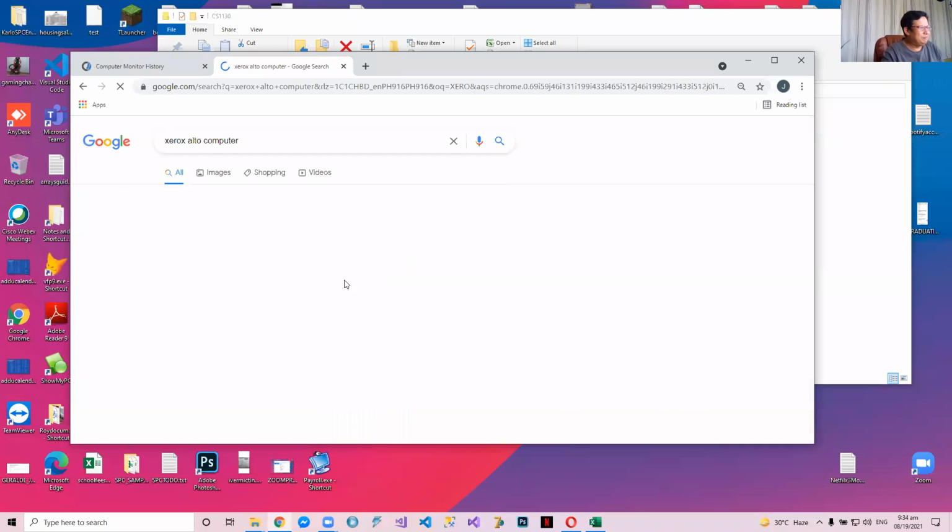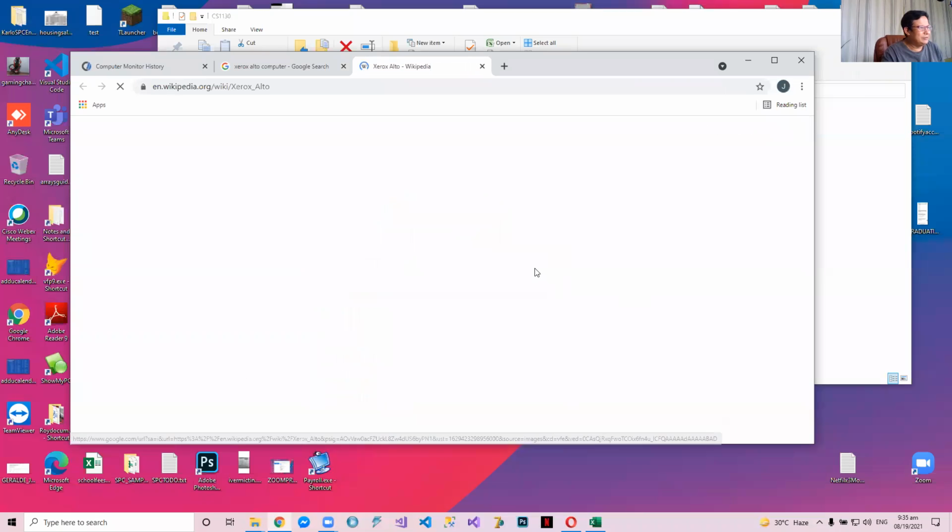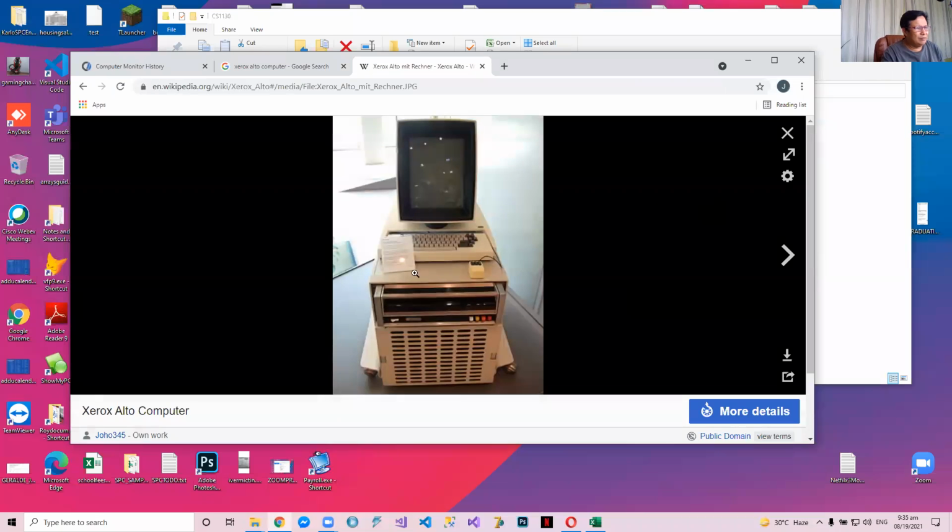Let's look at that. There's Xerox Alto with a mouse. There it is, with the mouse. Look at the mouse, it's already 3 buttons. Okay, you follow. That's the first mouse on a Xerox in 1973.